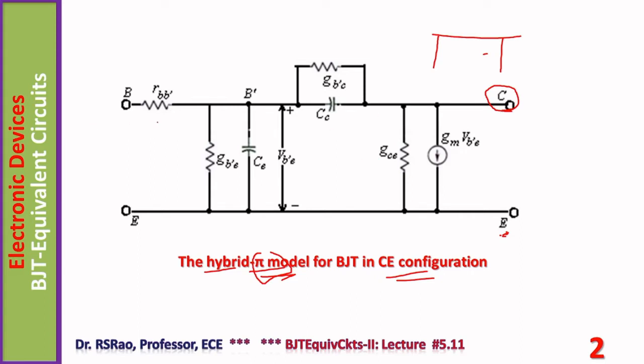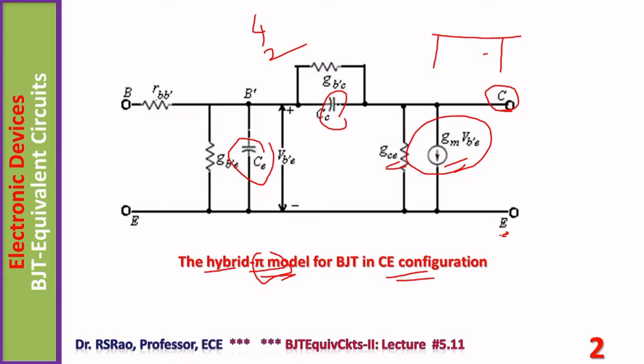Now, there are some resistors: RB prime, 1; GB prime E, 2; GB prime C, 3; GCE, 4. Four resistors or conductances are there in the circuit, and 2 capacitors, CE and CC, and 1 current source, GM VB prime E. This is the constitution of a pi equivalent circuit.